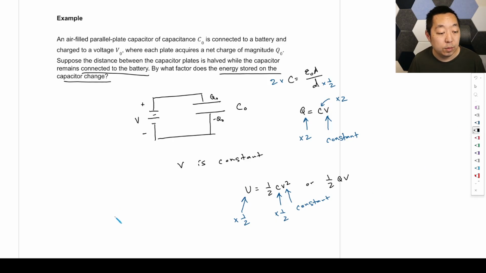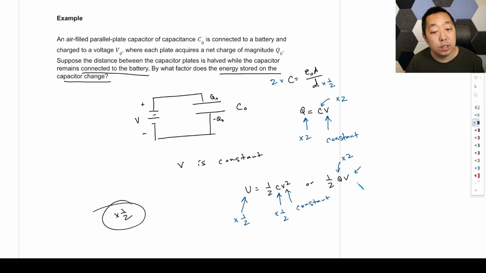Sorry, I said times 1/2 earlier; the capacitance was times 2. Messed up. Times 2 is what I meant. But same on this equation, you could say the voltage was constant and the charge went up by a factor of 2, so thus the energy goes up by a factor of 2 as well.